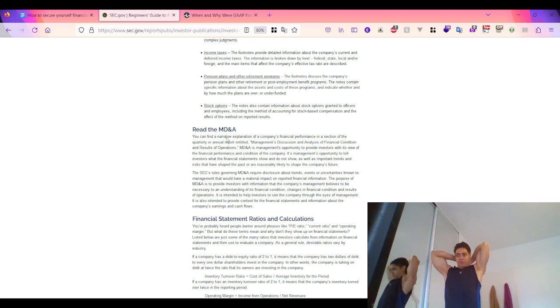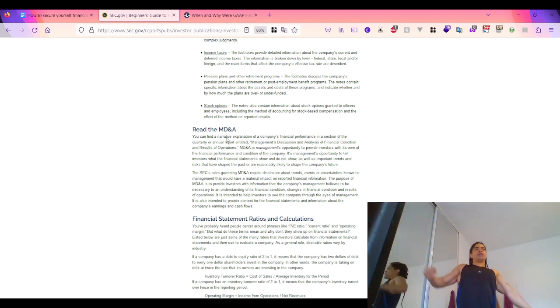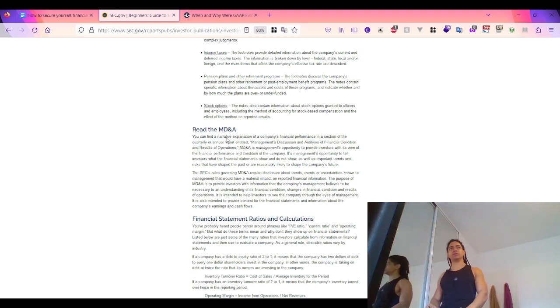So the management discussion and analysis of financial conditions and results of operations discloses information that is relevant to investors, about what the financial statements show or do not show, as well as important trends and risks that have shaped the past or are reasonably likely to shape the company's future.